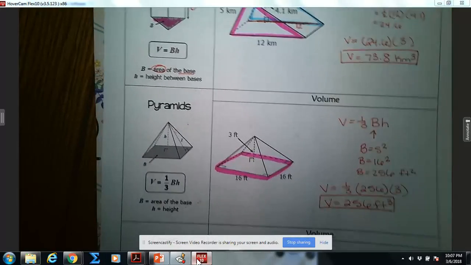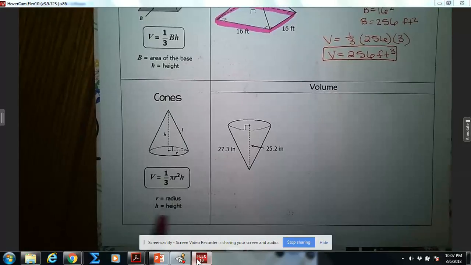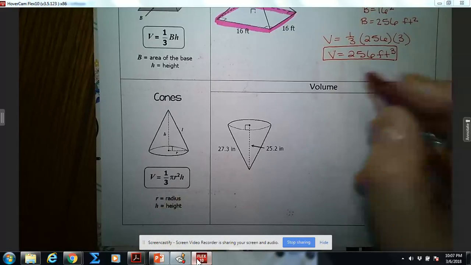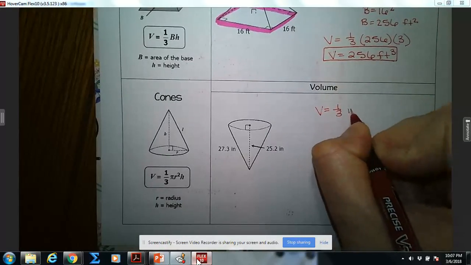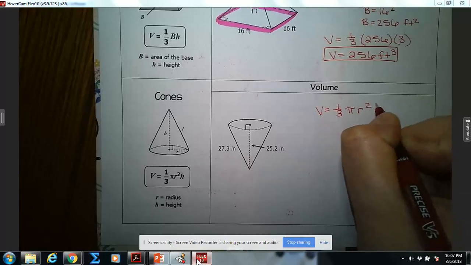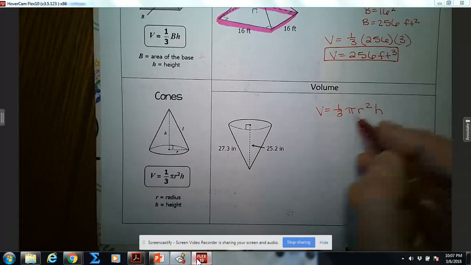Okay, on the final piece here, the volume of a cone. Let's take a look. The volume formula from your formula sheet is 1/3 pi times the radius squared times the height of the cone. Let's look at our picture and see what we can include. We have no radius.